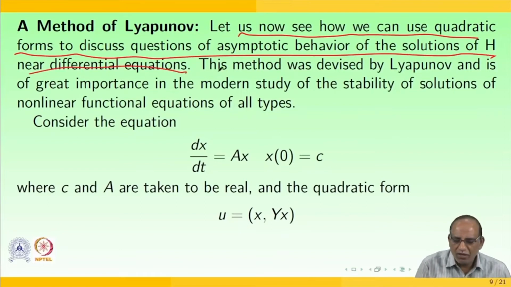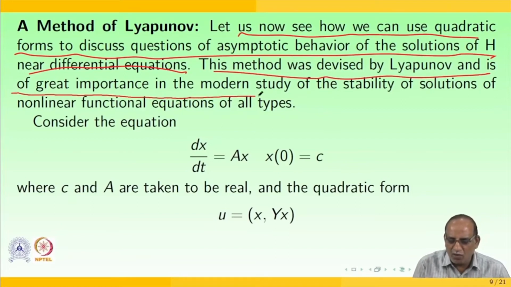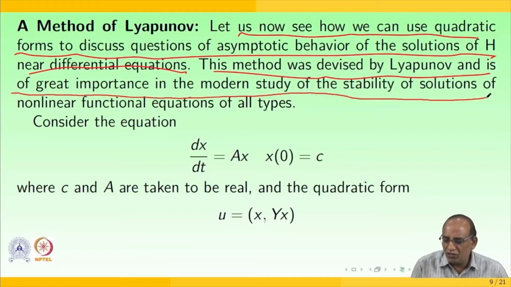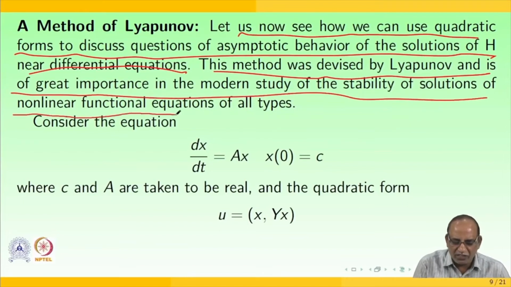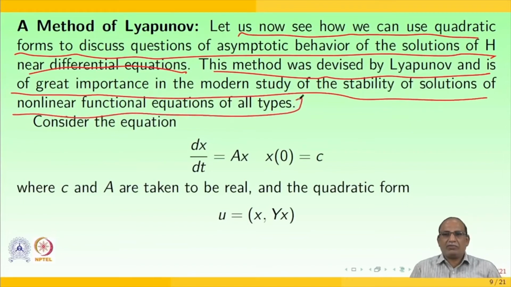This method was devised by Lyapunov and is of great importance in the modern study of the stability of solutions of nonlinear functional equations of all types. This is one of the first and foremost theories, the method of Lyapunov, for solving differential equations.